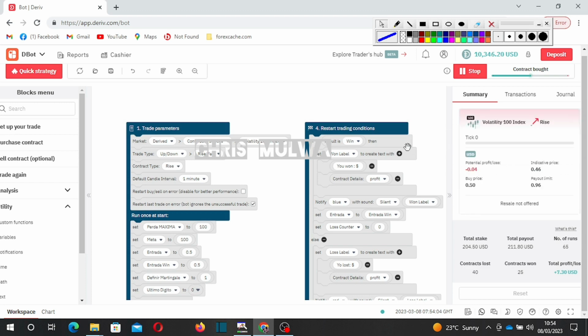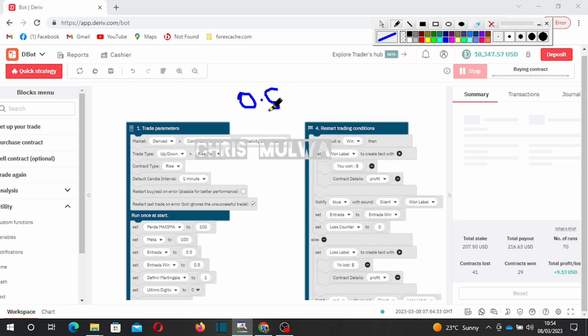I will stop this bot at a point. It has made around $7, but I want you to check something. Let me explain why I do not love the rise and fall option. This bot is taking $0.5 in every contract.